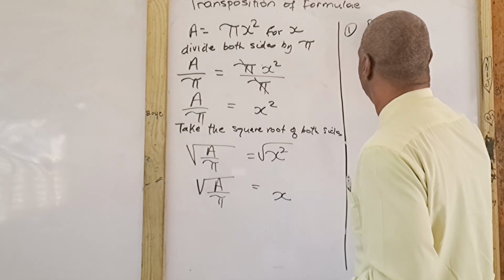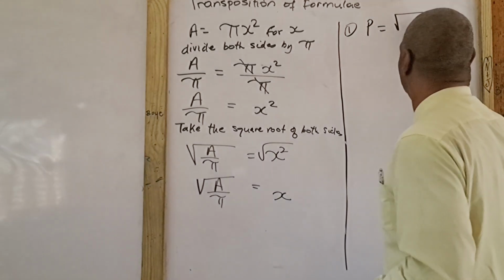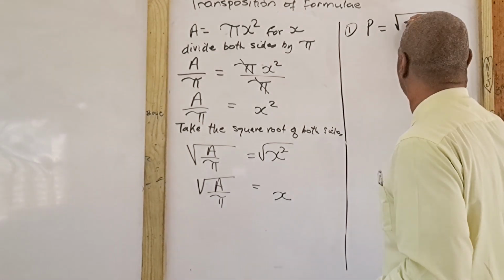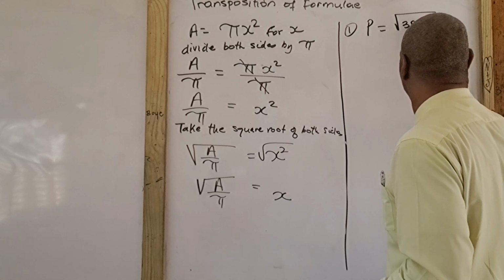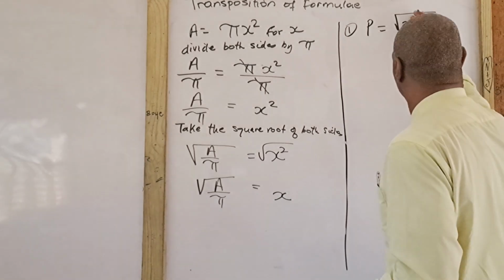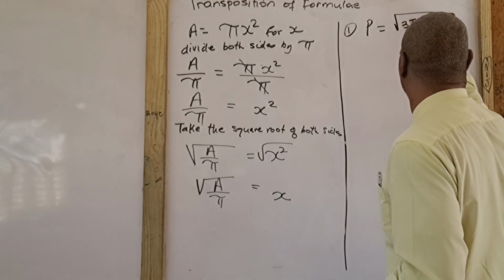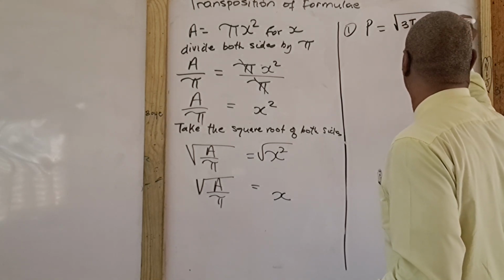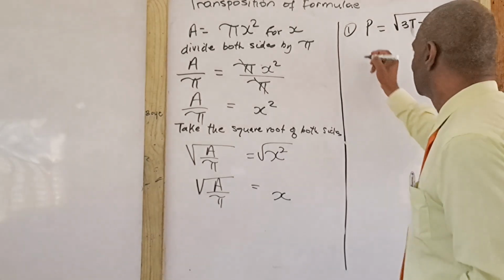P equals the square root of 3t minus m, for t. You want to make t the subject.